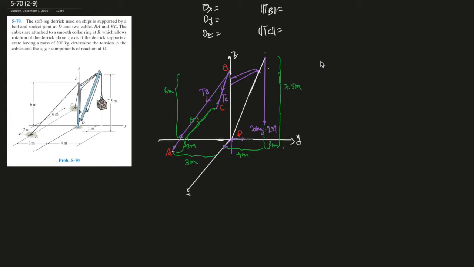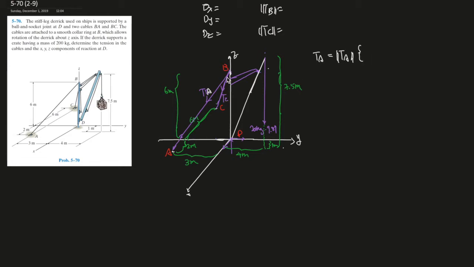So anyway, as we always do, we're trying to convert the tensions, which go in different directions, into Cartesian form. So TB equals the magnitude of, I'm sorry, this is TA. It's TA right here. So over here, I should write TA as well, right? TA is equal to the unit vector of the rope.